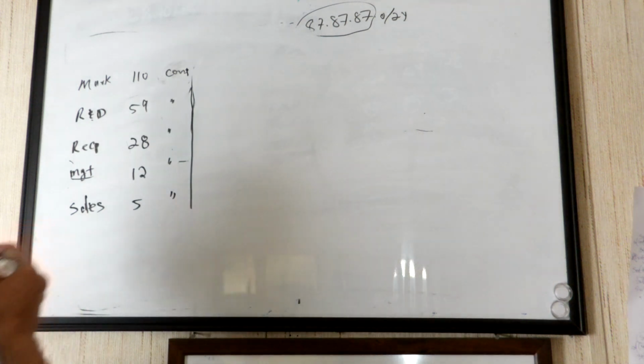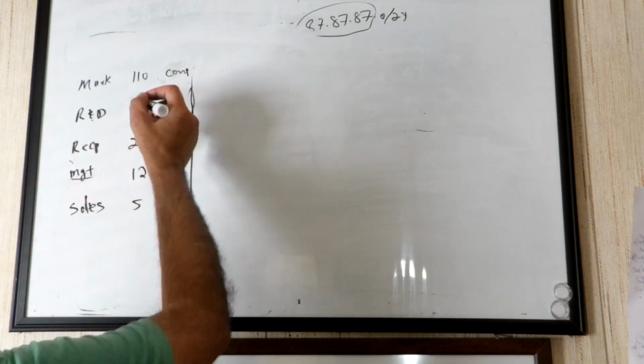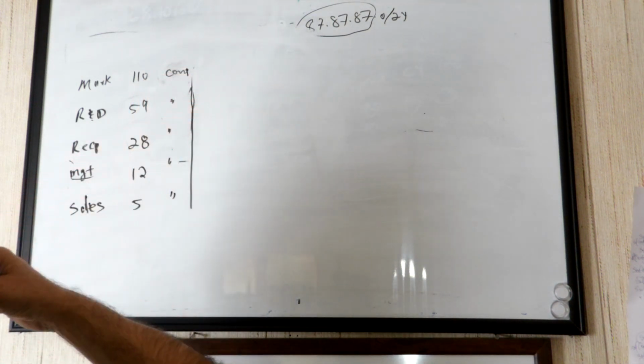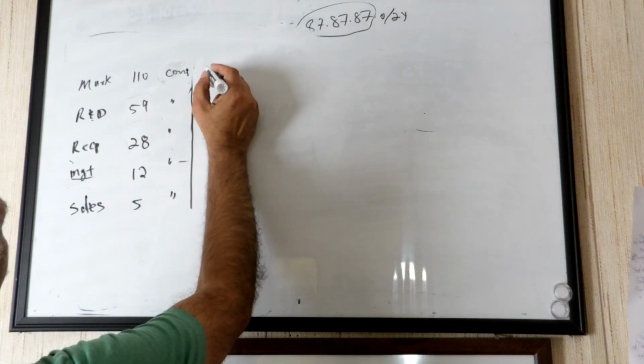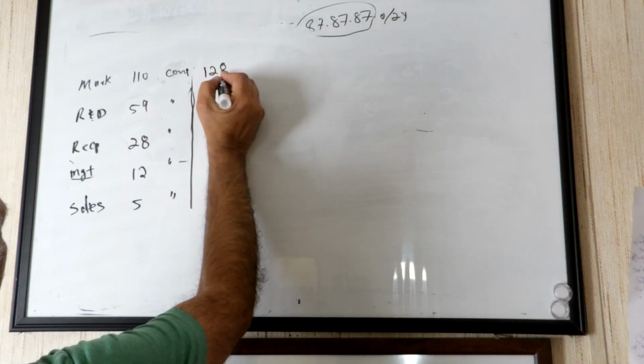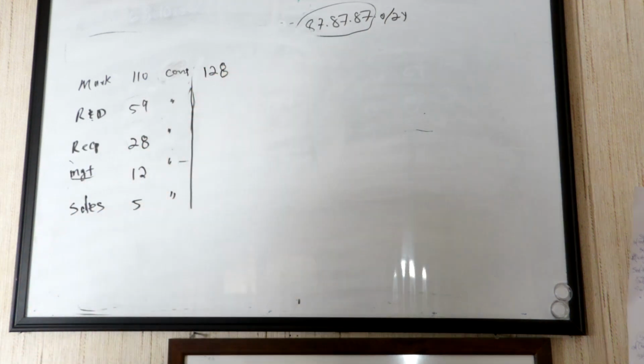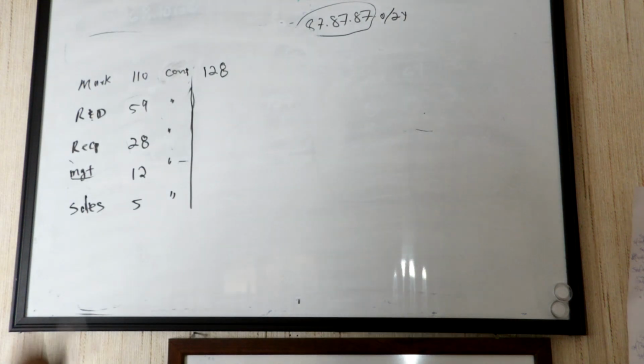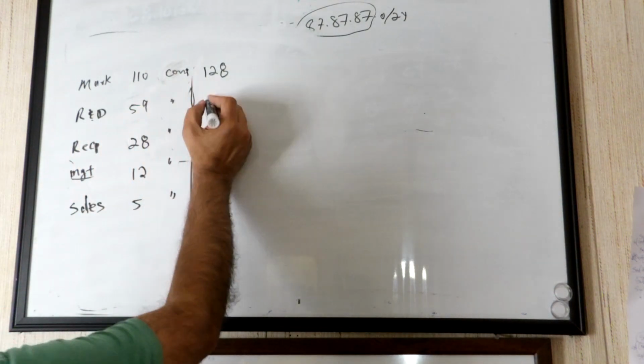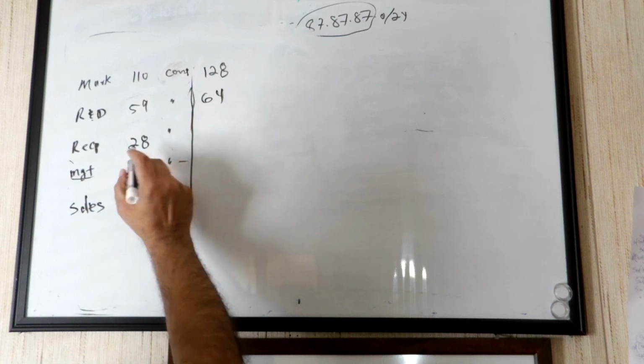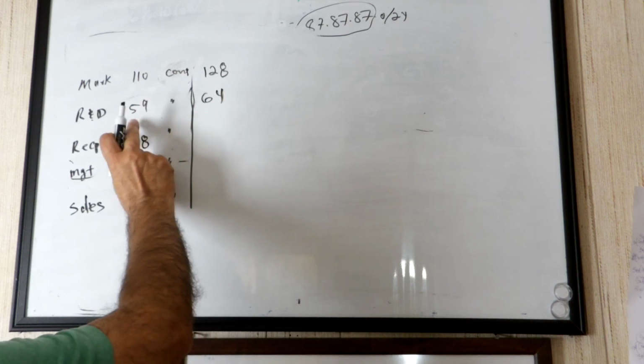So we have to write those that fit this. It's going to have 128 hosts. We can use either 128 hosts or 64 hosts. These are 59, so we have to use 64 hosts. Not less than that.